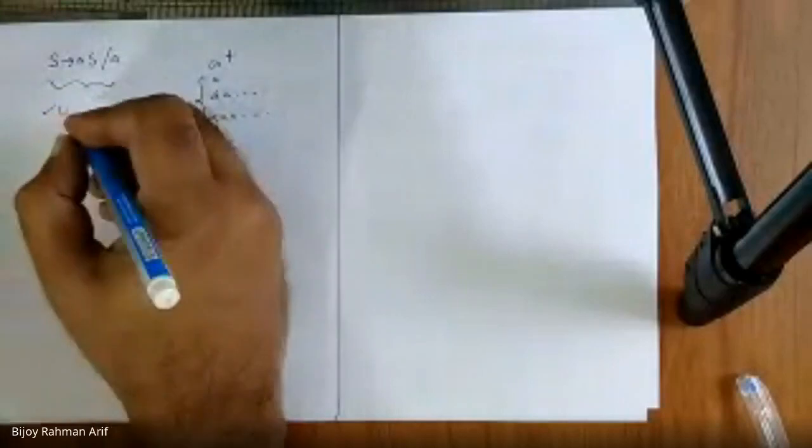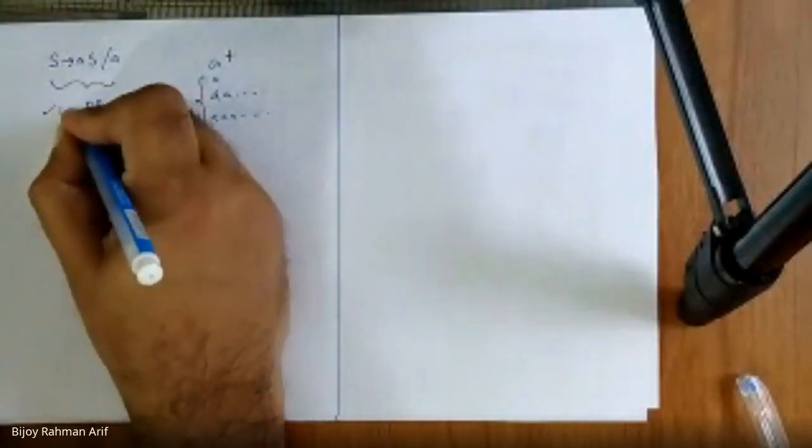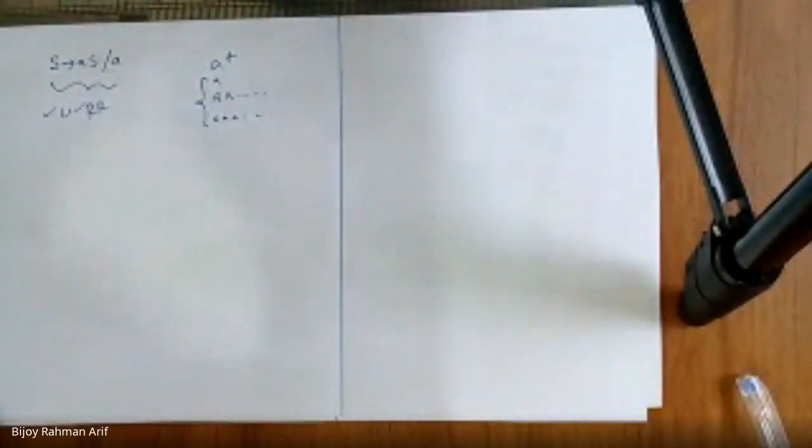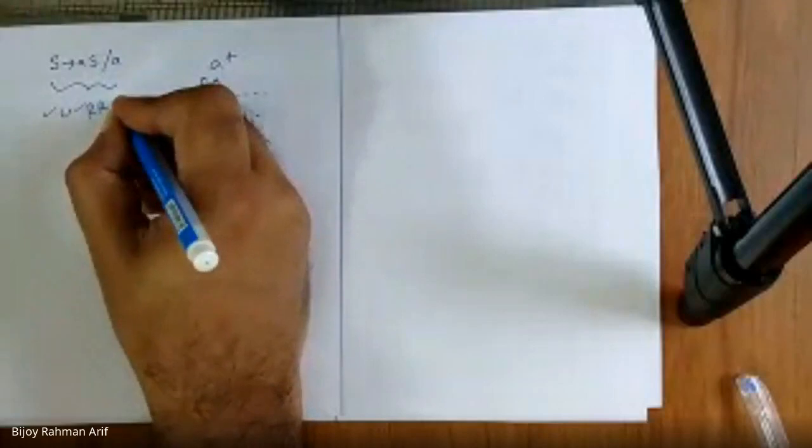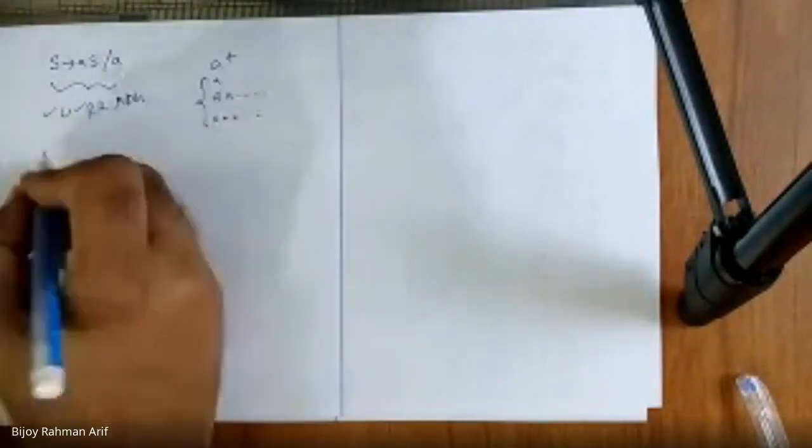Fine. This is not left recursive. It is right recursive. Am I right? Yes. This grammar is non-deterministic. So let's convert it to deterministic.